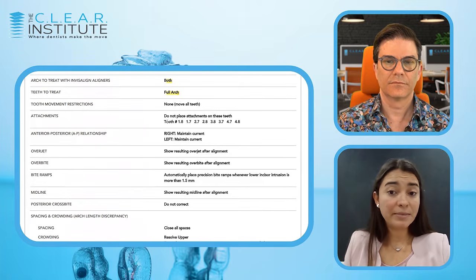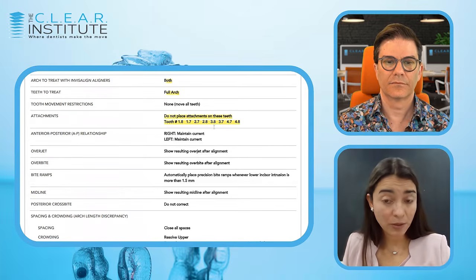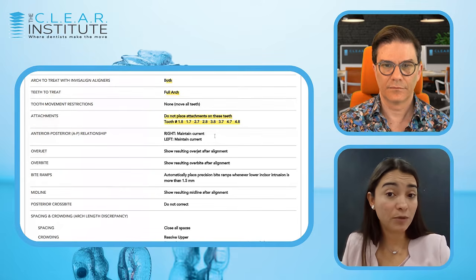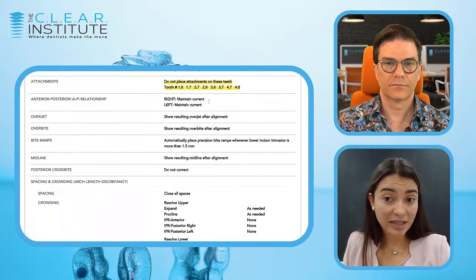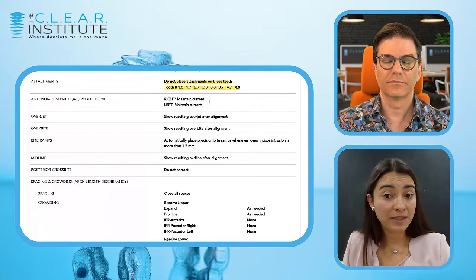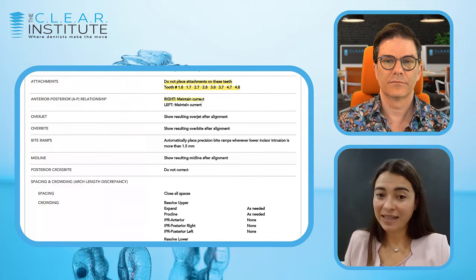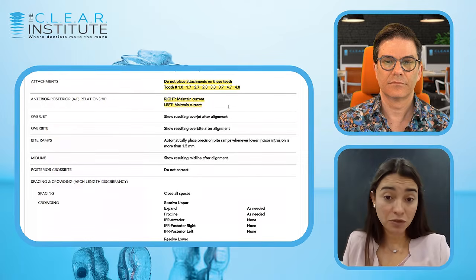There is a limitation regarding where we can place attachments, which means there is a limitation on which teeth we can do certain movements. That means that if the movement needs an attachment, then we will have to remove it. This particular doctor wants to maintain the anterior-posterior relationship. It's not of a concern.